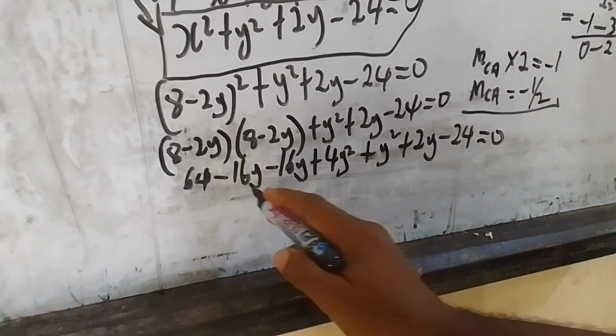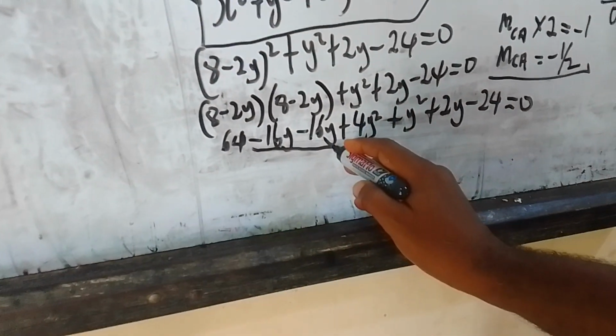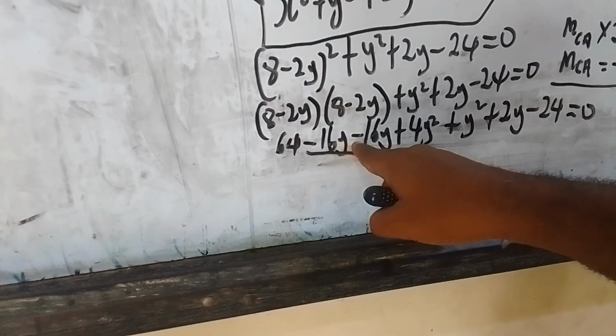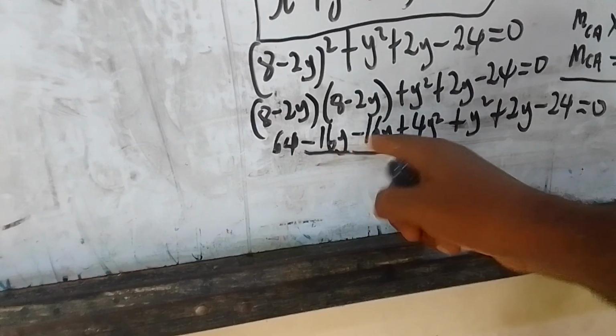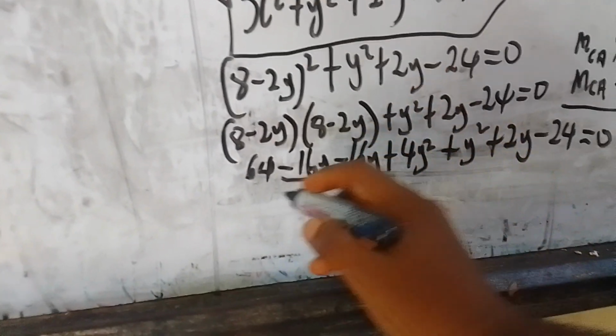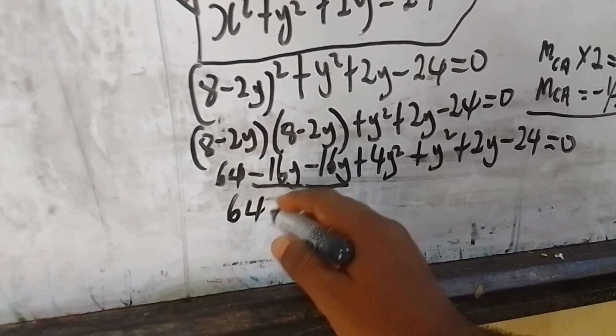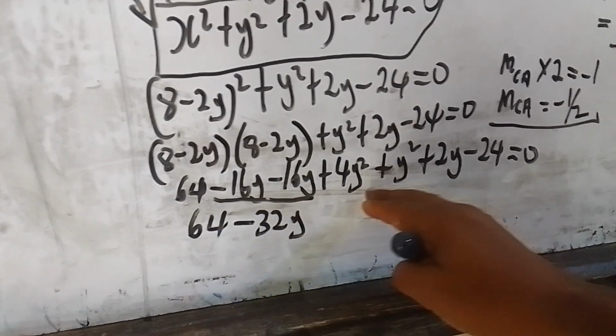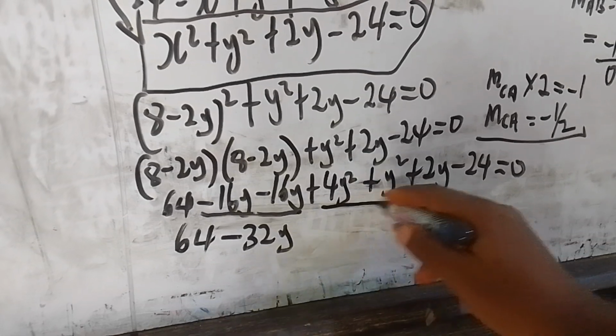Now if you look at this, these are like terms that can be combined together. This particular one, they are like twins. They have a minus minus. Anytime you have twins, just combine the numbers together. So we have 64 minus 32y. Then this 4y squared plus y squared, they are like terms.